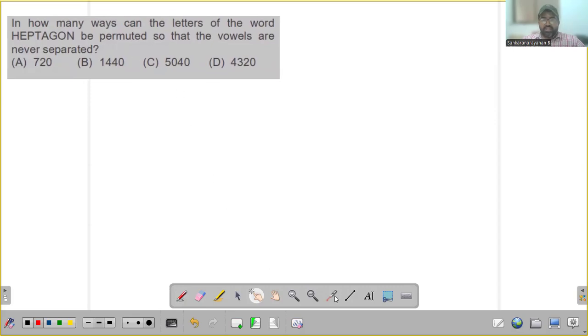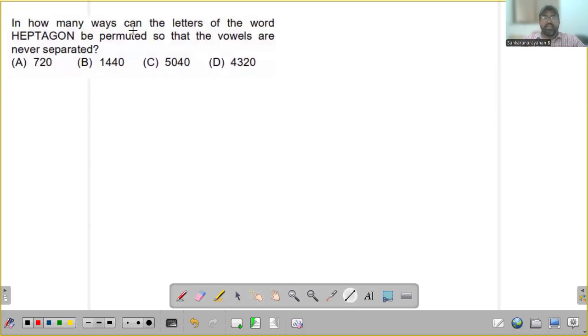It is asked, in how many ways can the letters of this word heptagon be permuted so that the vowels are never separated? It means that in this word heptagon, the vowels are always together. Okay.